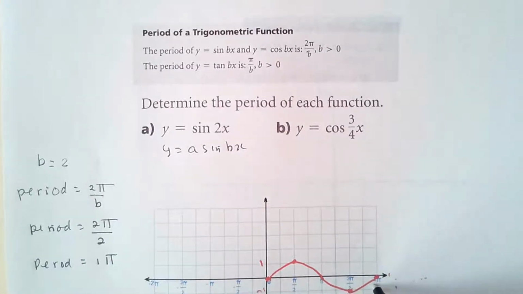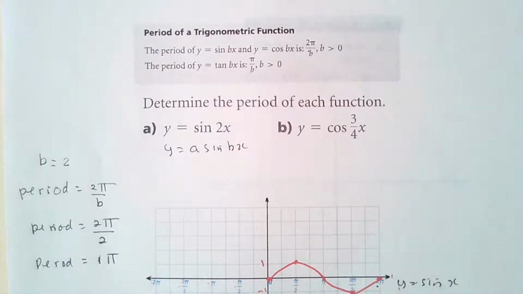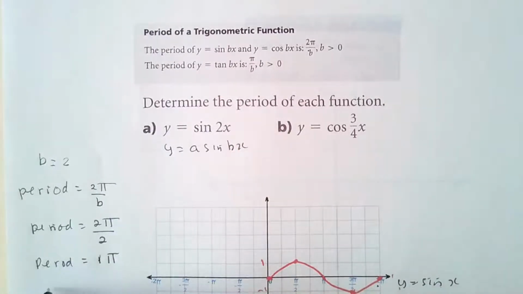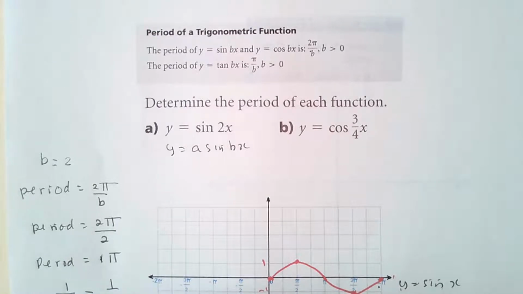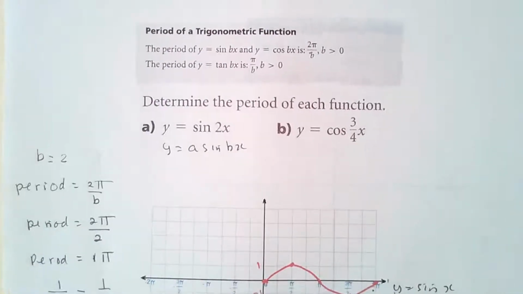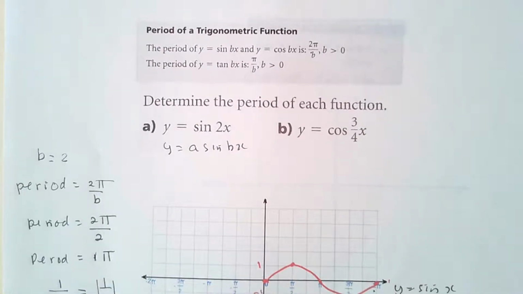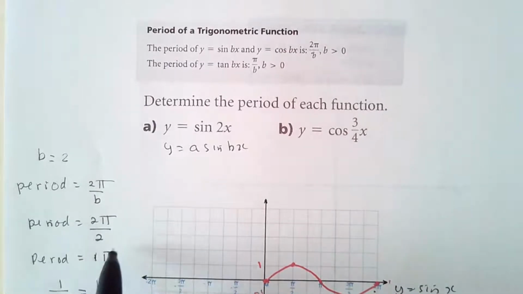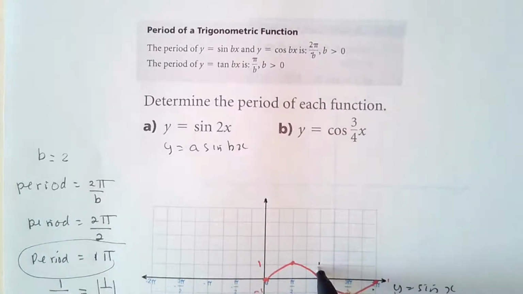So this is our general sine graph. Y is equal to sine x. But now we have a compression. So if we're looking at 1 over the absolute value of b, in this case it's 1 over 2. We have a horizontal compression of a half. But the period here now we know is 1 pi.